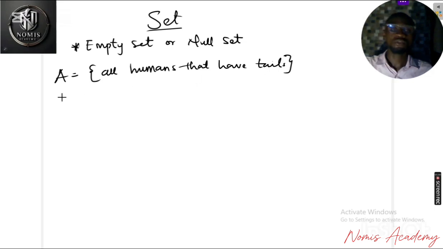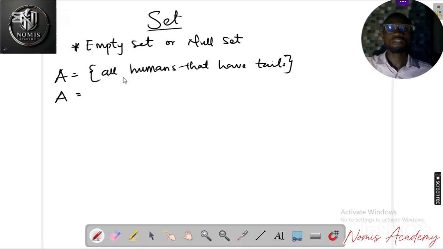No. So the cardinality of this set is 0. To list all the elements in this set, it will just be void, meaning there will be nothing in it. We don't have any human that has a tail. So this set is called an empty set or a null set.